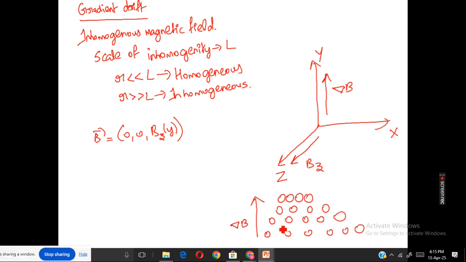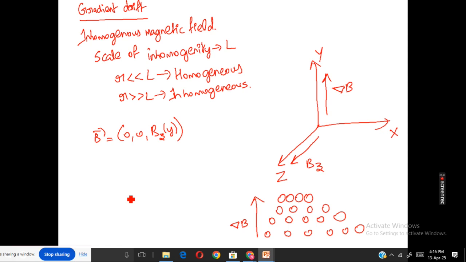In case of a homogeneous magnetic field, we know that the particle experiences a force q into v cross B. In this case, if we find the velocity components, we will get the drift velocity. I am not going into detail of the derivation.